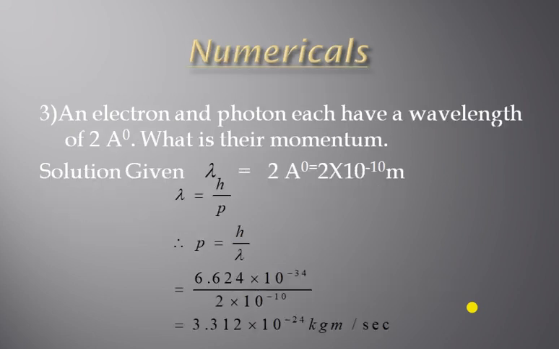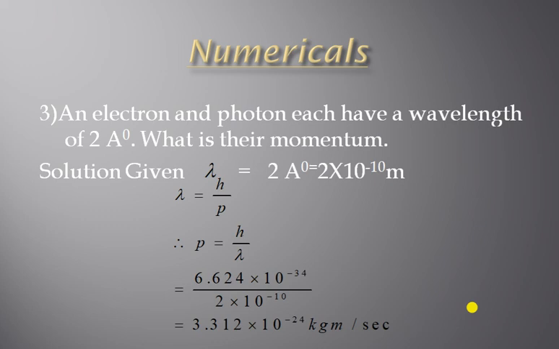Now the third numerical: an electron and a photon each have a wavelength of 2 angstrom unit. What is their momentum? Now in this case, we have to use de Broglie's formula. For that, the given is wavelength, that is 2 angstrom unit, so 2 into 10 raised to minus 10 meter. Now lambda equal to h upon p.